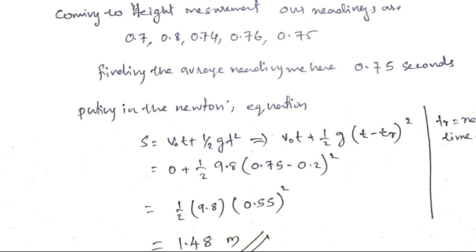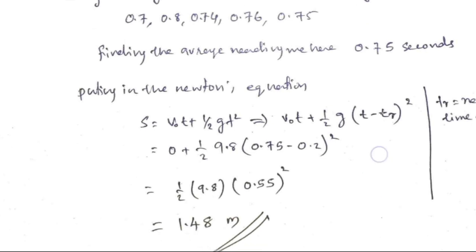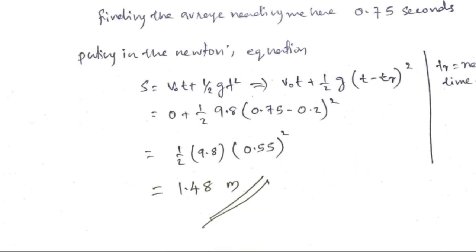Then we'll have the answer is equal to 1 by 2 into 9.8 into (0.75 minus 0.2) the whole square. It's about 1.48 meters, and our measurement value for the height of the person is actually 150 centimeters. There will be a 2 centimeters error.